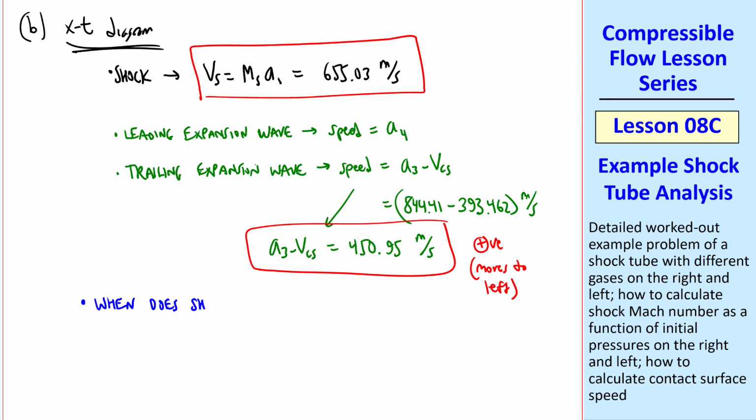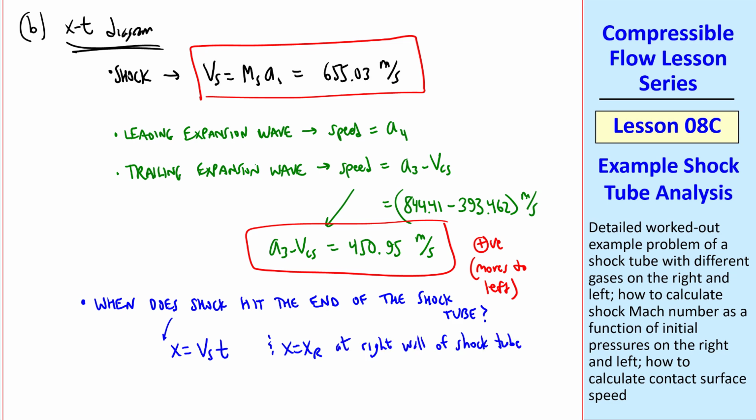Finally, when does the shock hit the end of the shock tube? Well, the equation for x is x equals Vs t for the shock, and x is XR at the right wall of the shock tube.